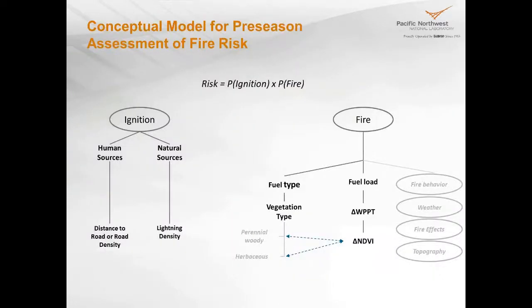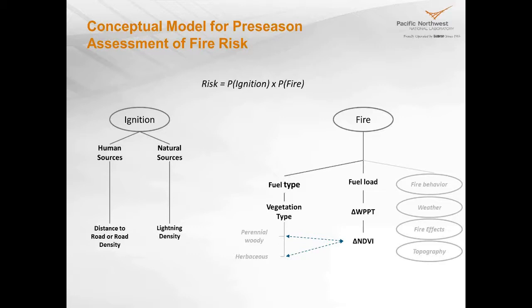The conceptual model for this looks like what's up on screen. Basically, a simplified version of the model. It's risk times the probability of ignition times the probability of fire or burning. And we looked at many different variables.